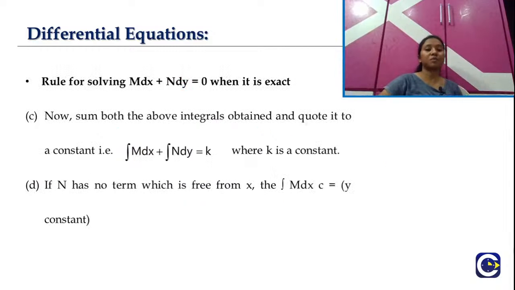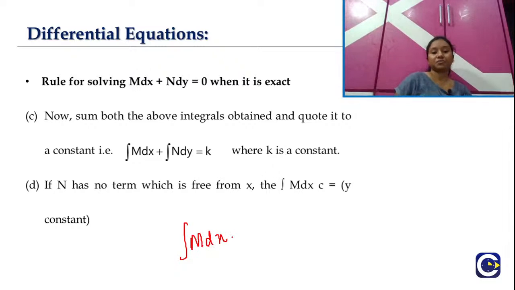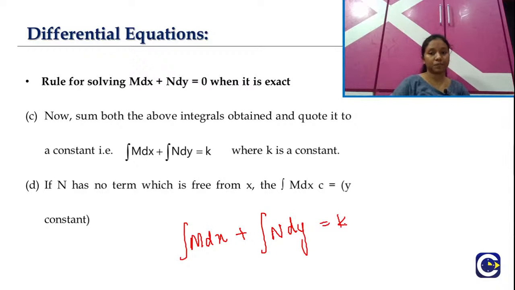Now the sum of these two integrals that we have seen: the first one is the integration of M with respect to dx, and the second one is the integration of the y terms of N with respect to dy. After summing these two, they will be equal to some constant k. If, for example, N has no term with variable x, then we can directly have the integration of M dx equal to some constant.